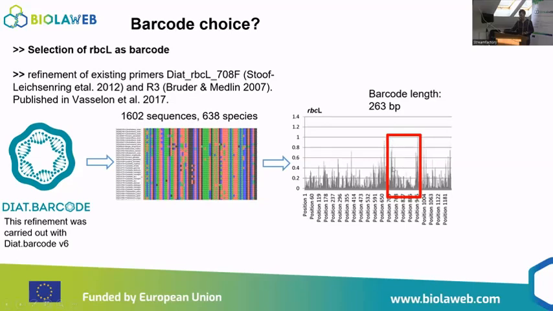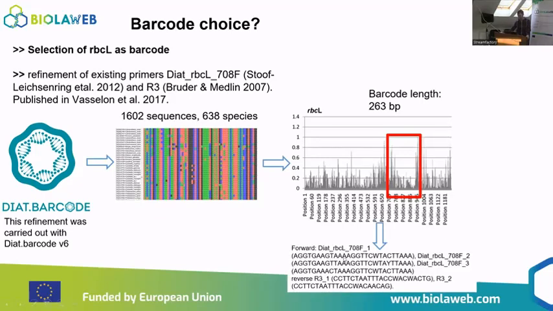We selected a stretch of 263 base pairs, where we could put some primers and where there was this highly variable region.